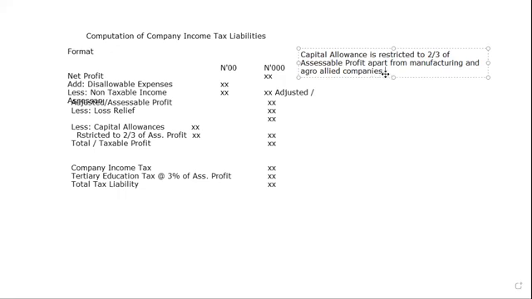That's the first thing. A capital allowance is restricted to 2/3 of accessible profit, apart from manufacturing and agro-allied companies.